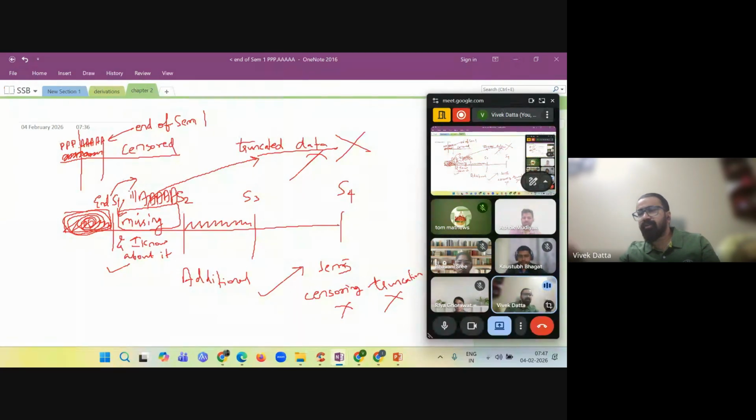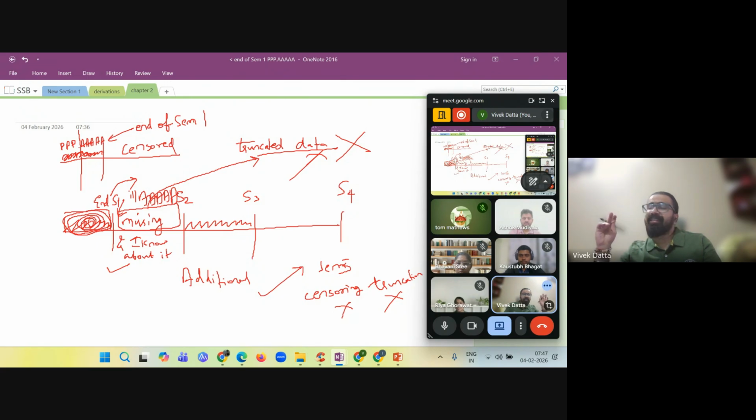And I didn't go for follow-up one only. So why will he say that at follow-up one, Vivek's mom was censored? He'll not use Vivek's mom in the experiment itself. Because I technically never went, never enrolled. Yes, so this is not censoring. Yes, clear?